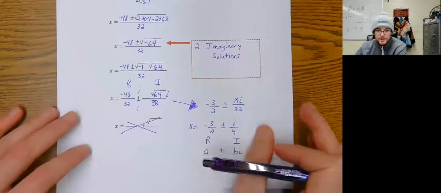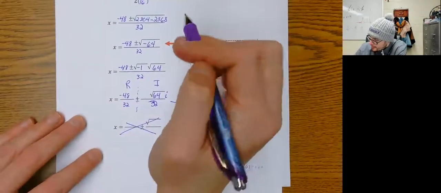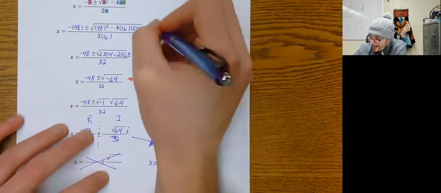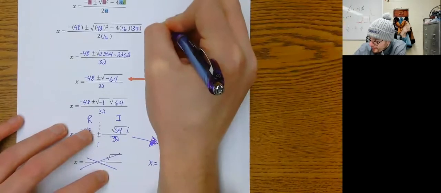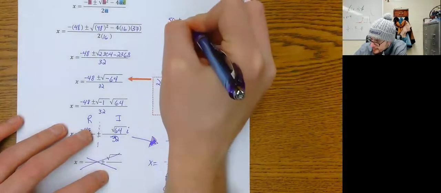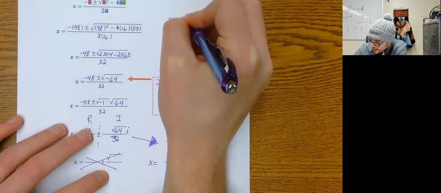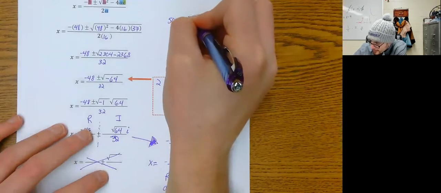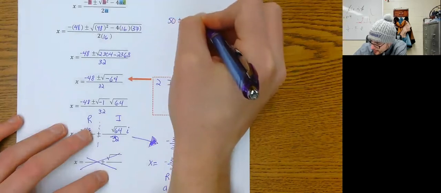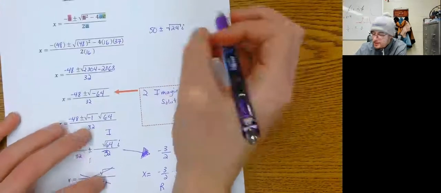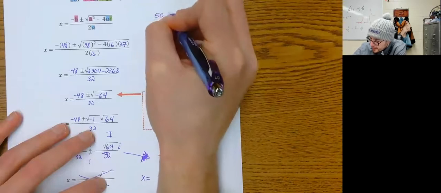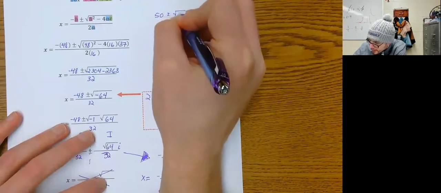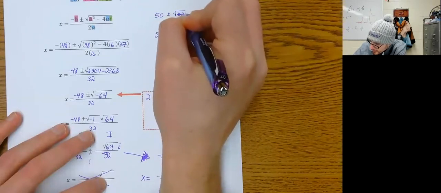I briefly want to show, if I went back and off to the side, like let's say you had 50 plus or minus the square root of 24i, right? So you factored, it was up here, this was 50 plus or minus the square root of negative 24.